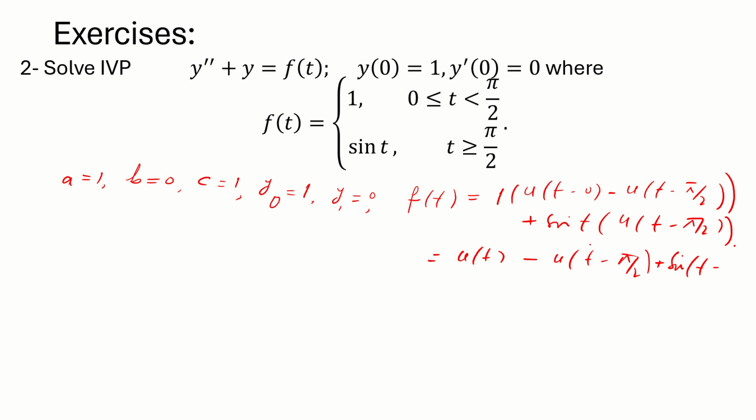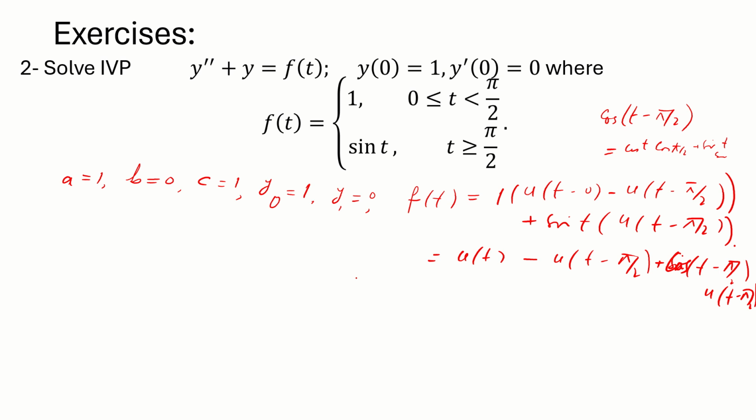Can we write this in the form of t minus pi by 2? So if we have cos of t minus pi by 2, that is equal to cos t cos pi by 2 plus sine t sine pi by 2. So we could write this as cos of t minus pi by 2 into u t minus pi by 2, just to use the second shifting theorem directly.